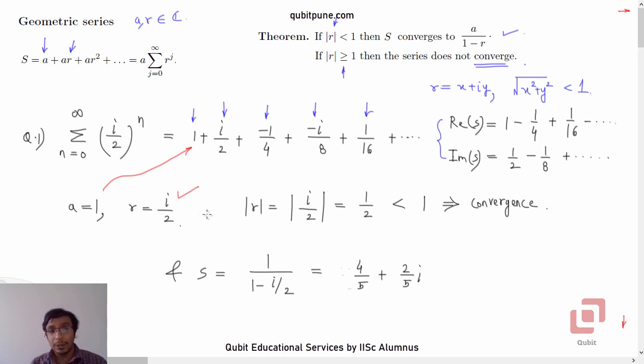What is the absolute value of r? 1 upon 2. Yes, because the absolute value, or modulus, of i is 1. Now is this less than 1? Yes.